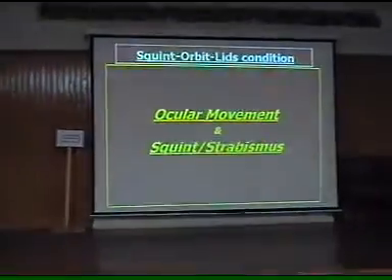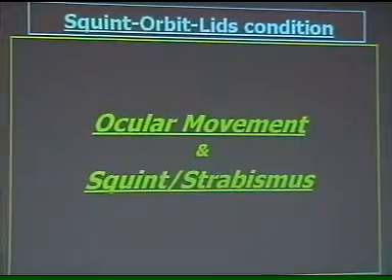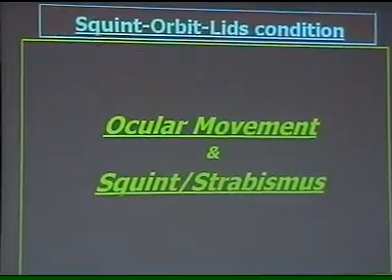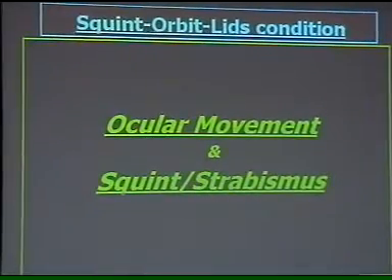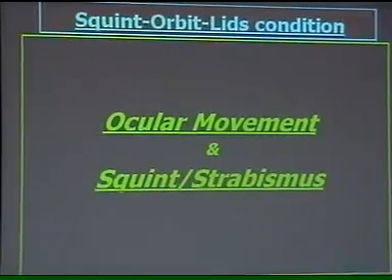Now something about the eyeball movement. Basically the eyeball can move in any direction, up, down, right, left. It's a combination of 6 different muscles which are moving the eyeball in different directions.